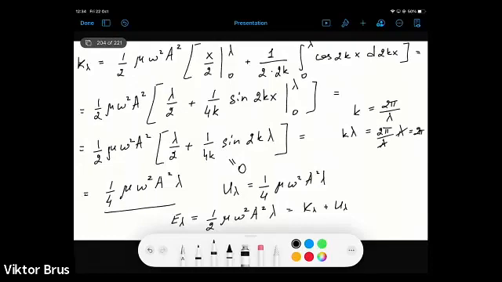So we see here that several parameters influence the energy which is transferred by the wave. So here is parameter mu, which defines properties of the string.